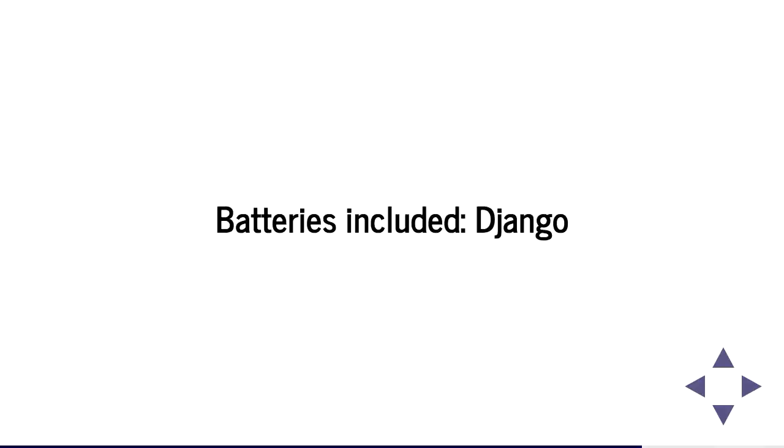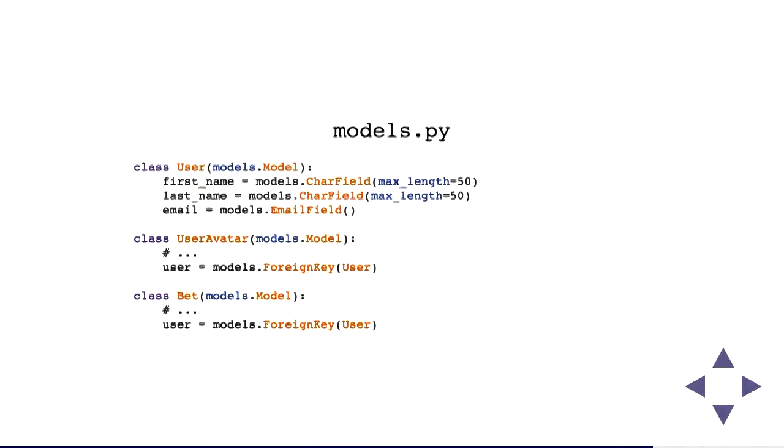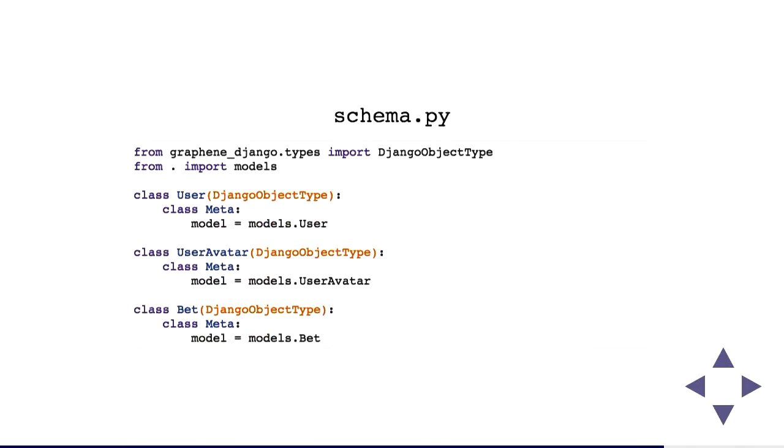If you're using Django, this isn't really relevant to the gateway example, but if you're using Django, there are some batteries included. Assuming that we have models like this, very simple models, our schema will look just like that. Graphene, or actually Graphene Django, will take care of converting the models into a GraphQL schema and also making sure that the references are there.